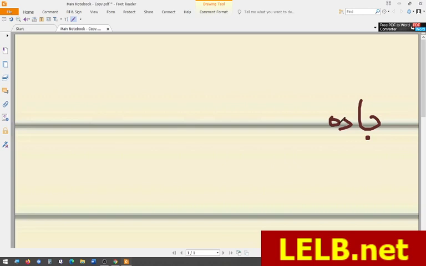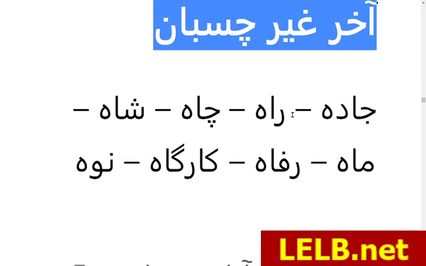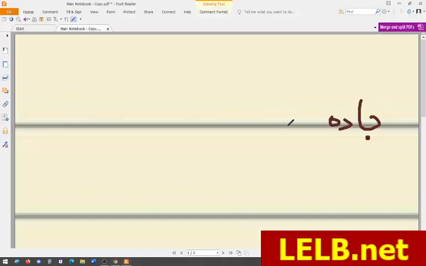Okay, as you can see. This is jadeh. This is rah, and it means way, track, path.